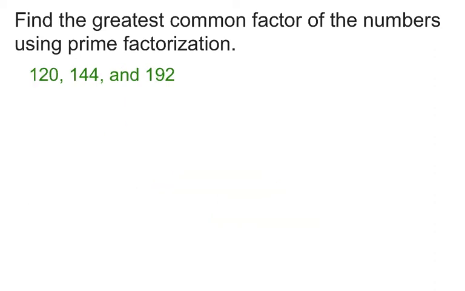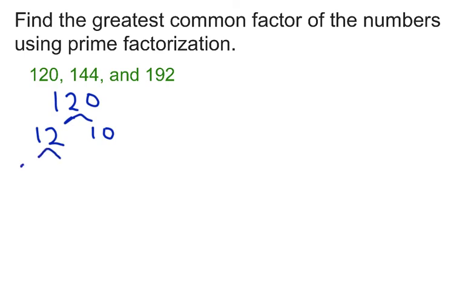Now let's look at one final example of finding the greatest common factor using prime factorization of three numbers. So we have 120, 144, and 192. So let's start with 120. Ends in a 0, so I have 12 times 10. Both are composite.